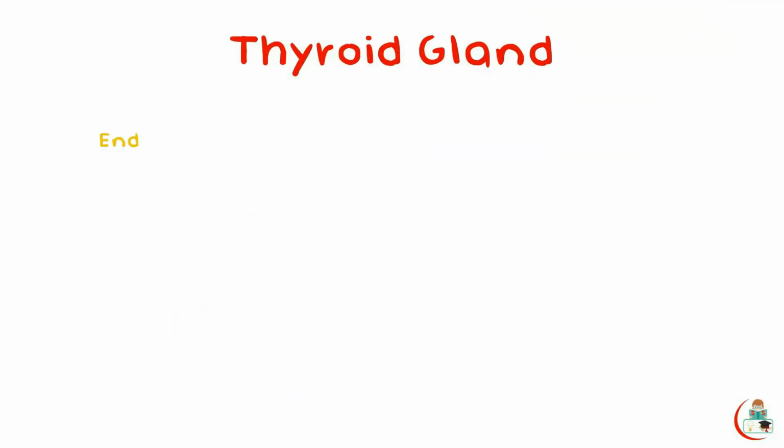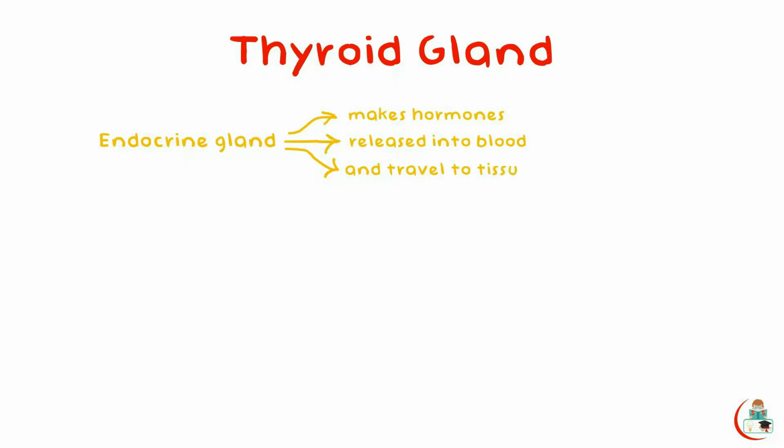Thyroid gland is an endocrine gland, which is defined as an organ that makes hormones, which are released into the blood and travel to the tissues and organs all over the body.